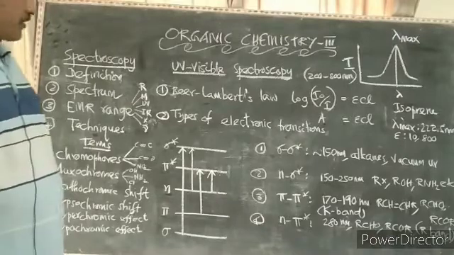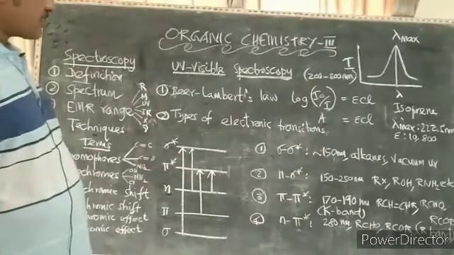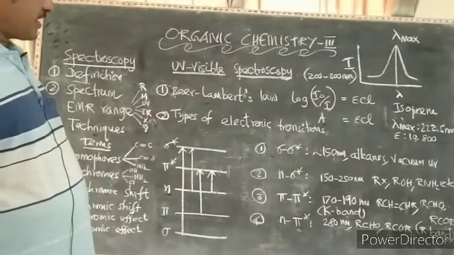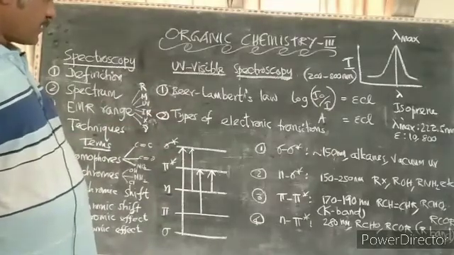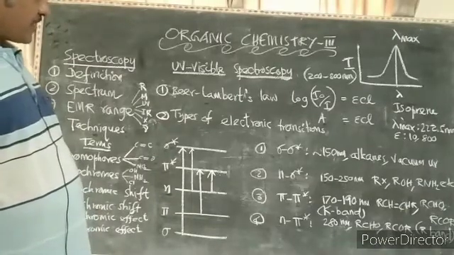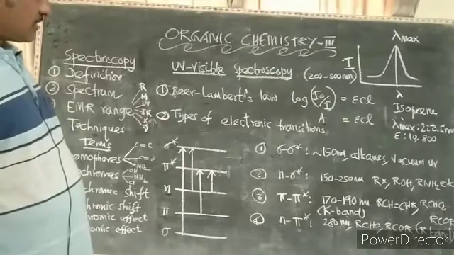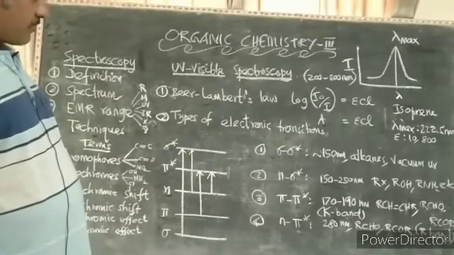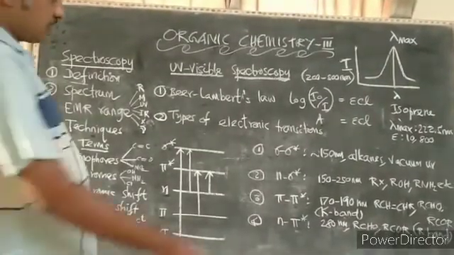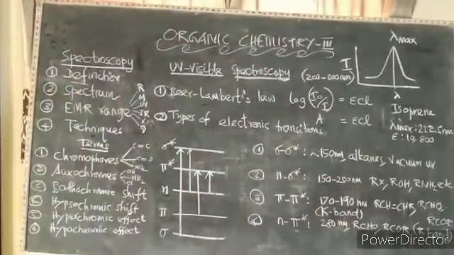And this spectrum provides two quantities for analysis. First is lambda max, the maximum of the peak. Second is the intensity. From these quantities, we can infer information about the substance. So, for example, for isoprene, the lambda max is 222.5 nanometer, and the molar absorptivity is 10,800.